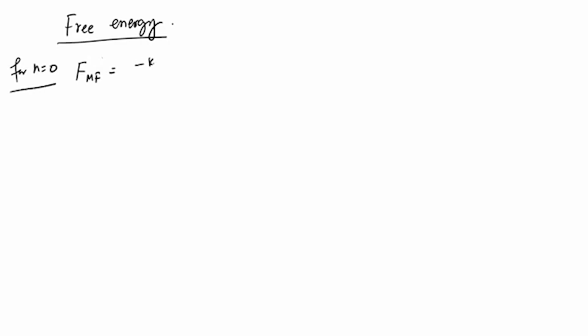So, F is equal to minus kT log of Z mf. Okay. And to remind you, the Z of mf which we have derived earlier is exponential minus beta j z n m square and 2 cosine hyperbolic beta h effective whole to the power n.